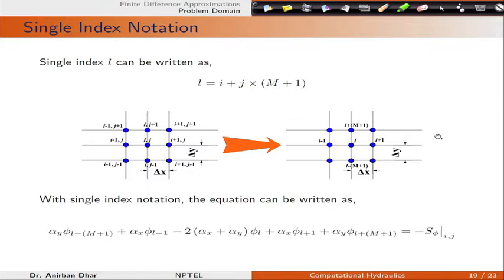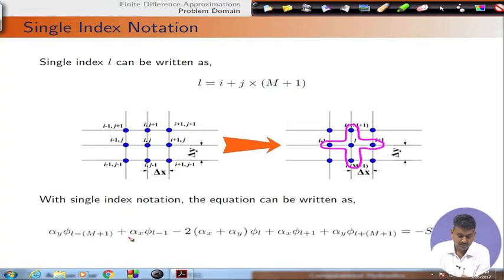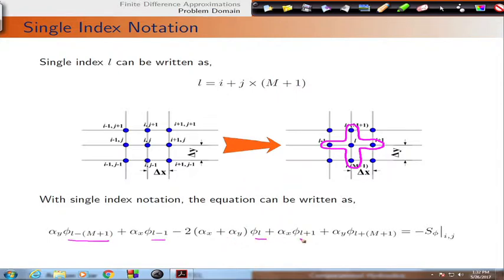With single index notation, the equation can be written as follows. In this case, we have this kind of stencil, with L minus 1, L plus 1. So, we have 5 points: L minus m plus 1, L minus 1, L plus 1, L plus m plus 1, and L itself.